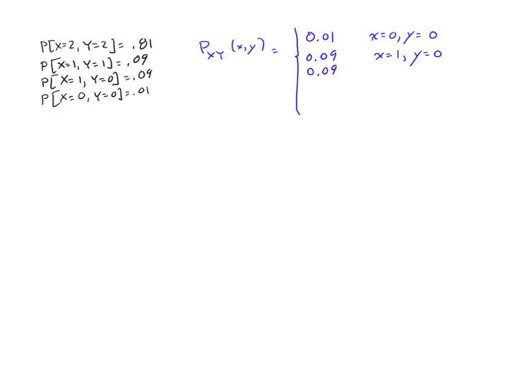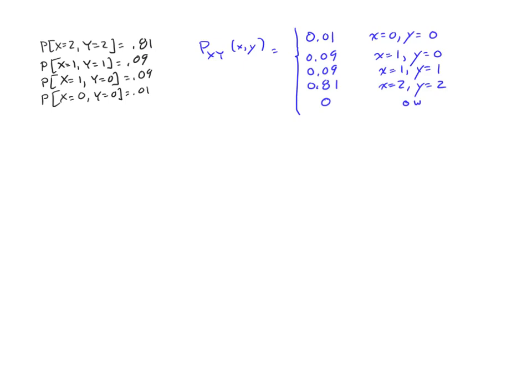It's again 0.09 for x equals 1, y equals 1. And it's 0.81 for x equals 2 and y equals 2. And those probabilities add up to 1, and so we have to exclude all the other possibilities with a quick 0 otherwise to finish things.